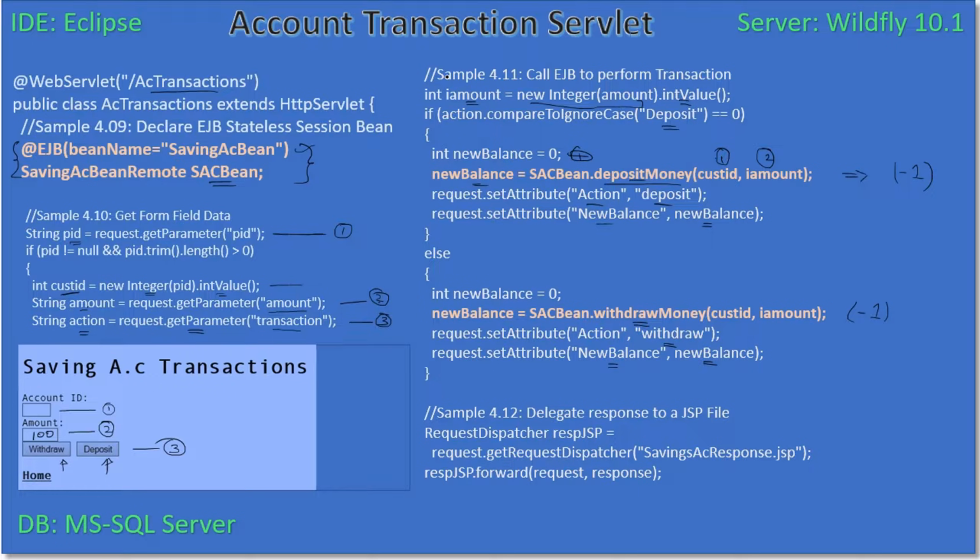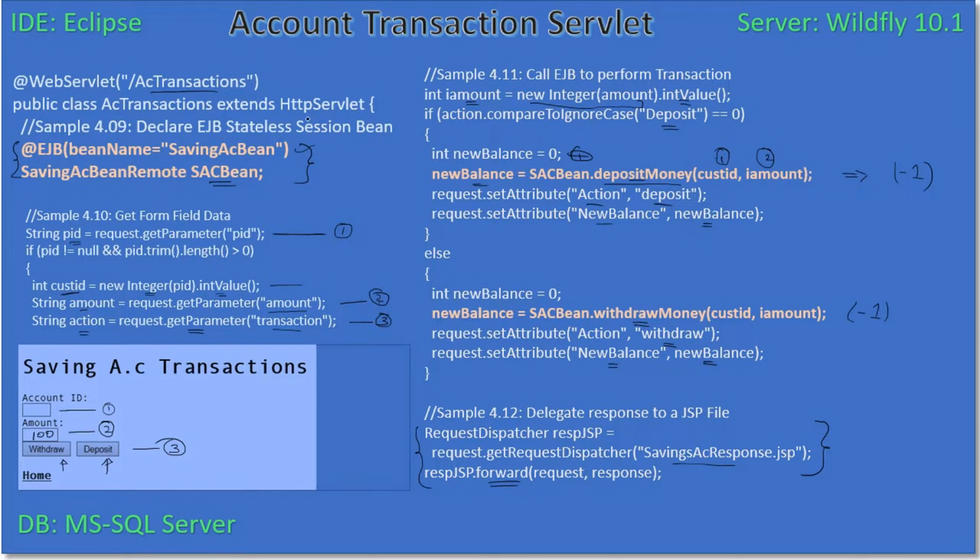Now we will go for the close account. We are creating the response JSP file, and then we are making a forward. These things we learned during the JSP learning; in the JSP playlist, the request dispatcher is explained. For a quick preview, we create a dispatcher for our saving account response, then we are forwarding, delegating the request and response to a different server unit.